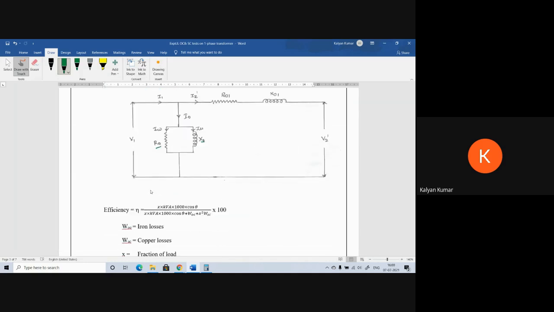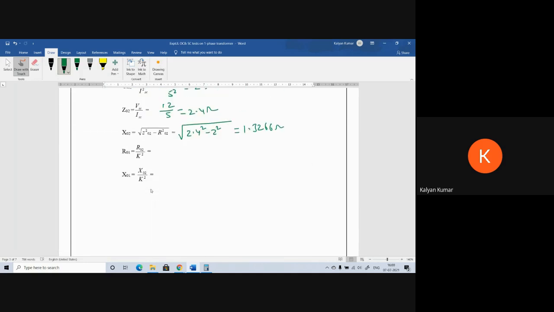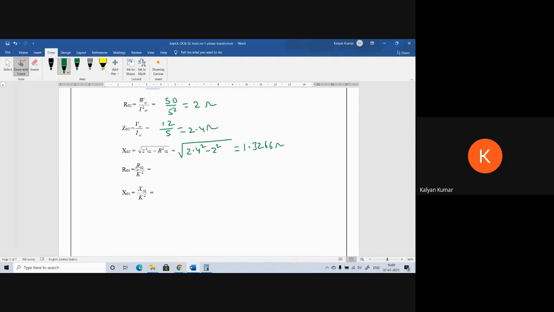As the equivalent circuit is drawn with respect to the primary side, if you want to convert, then you have to divide by K square. K is given by the turns ratio, the transformation ratio, V2 by V1. So 200 divided by 100, we get 2 as the transformation ratio. So R01 equals 2 divided by 2 square, which is 2 by 4, that is 0.5 ohms.